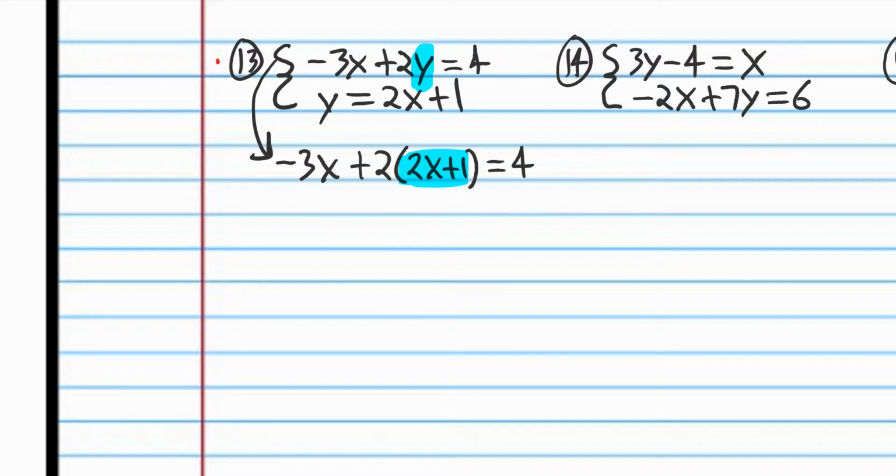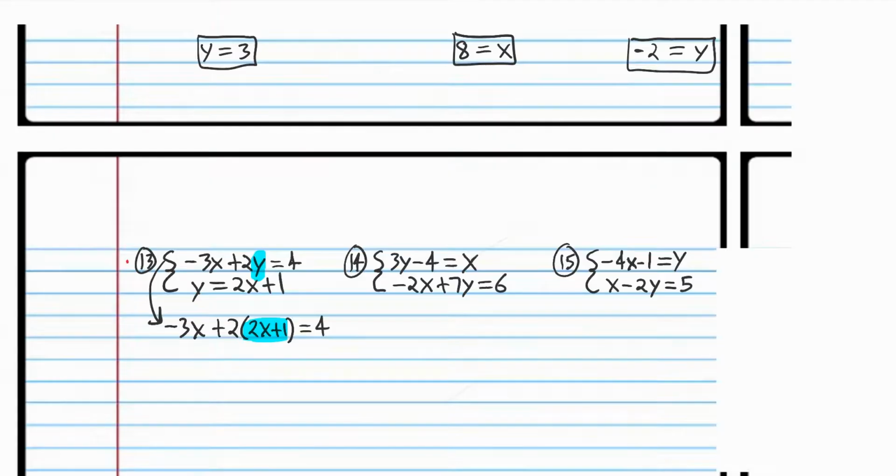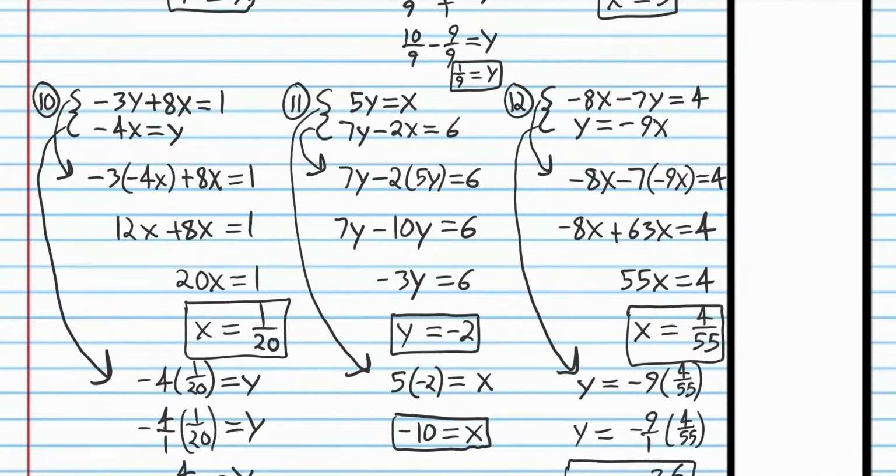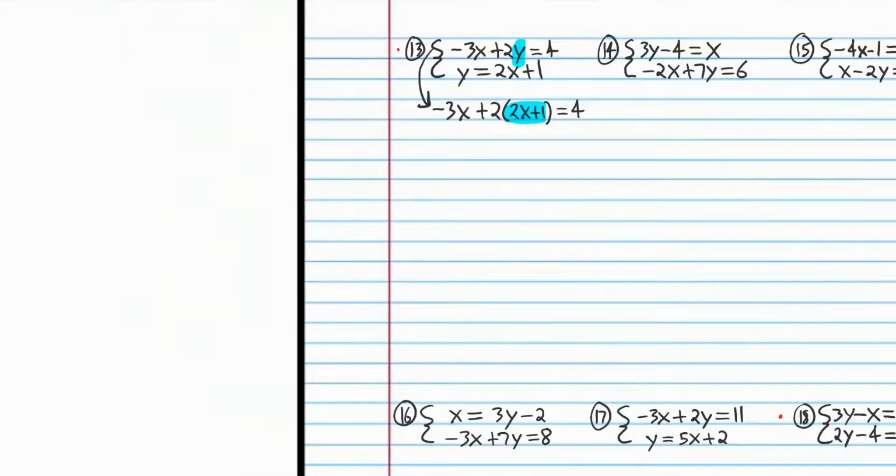You might recall from my pre-algebra course, the course before this one, that when you have an equation with parentheses, you have to get rid of those parentheses first. And in fact, we kind of did that in the previous problems. We had parentheses here. We got rid of those parentheses by multiplying. But in this case, we're going to have to use the distributive rule to get rid of those parentheses.